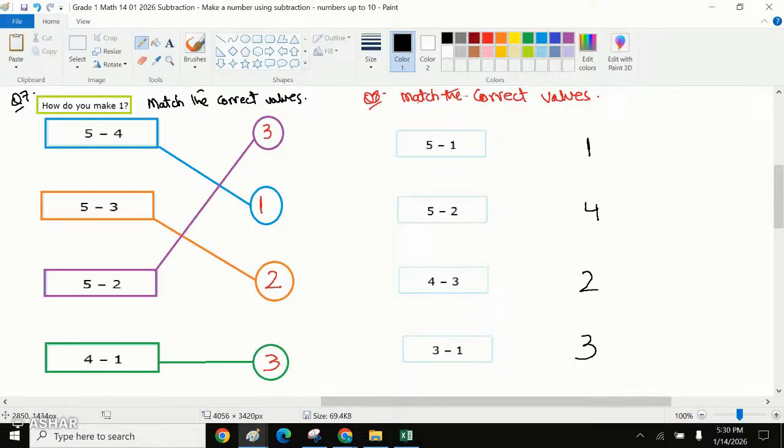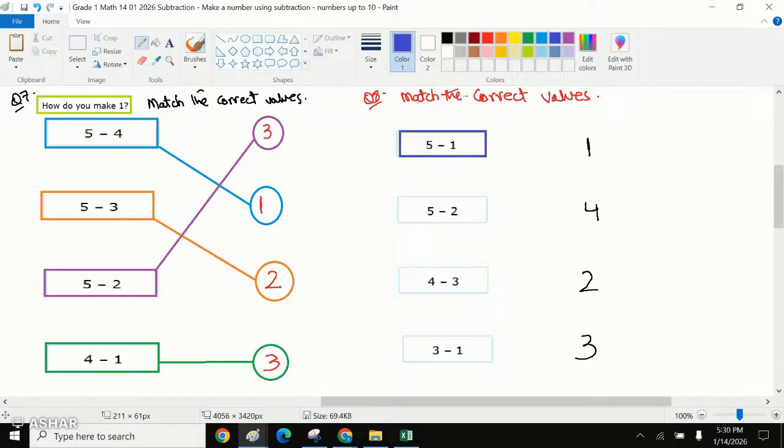Okay, if these options are given to us, let's look at the first option. What is 5 minus 1 equal to? We can say that if we had 5, we open up 5 fingers and we close 1.